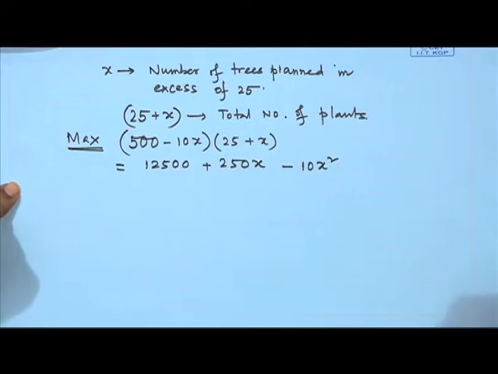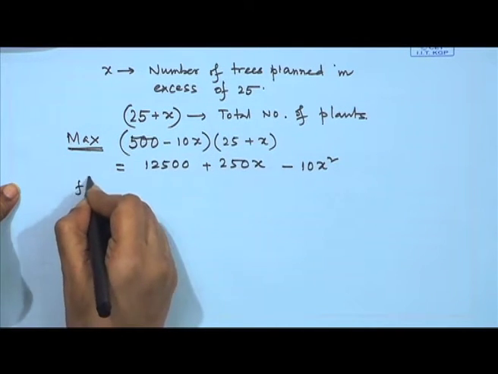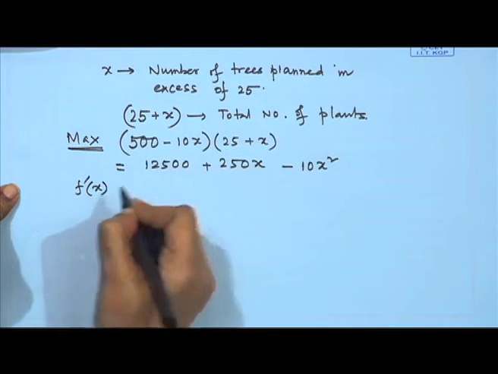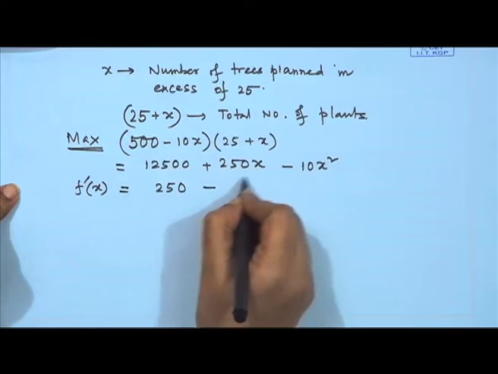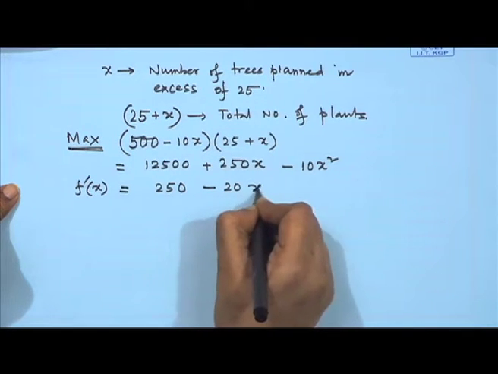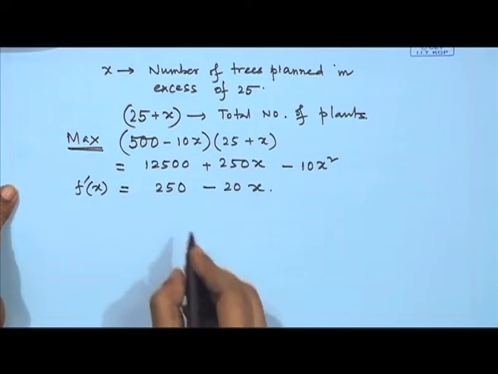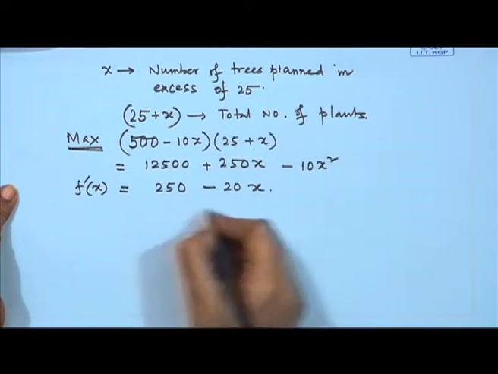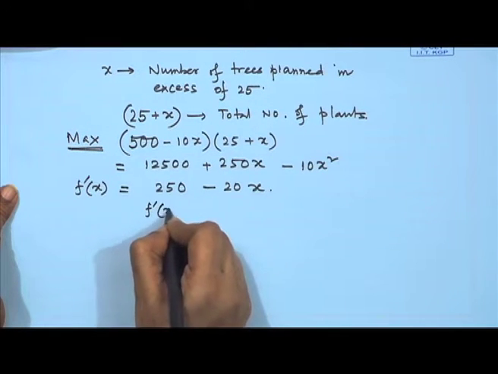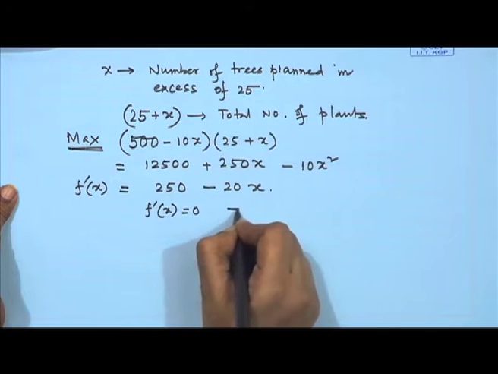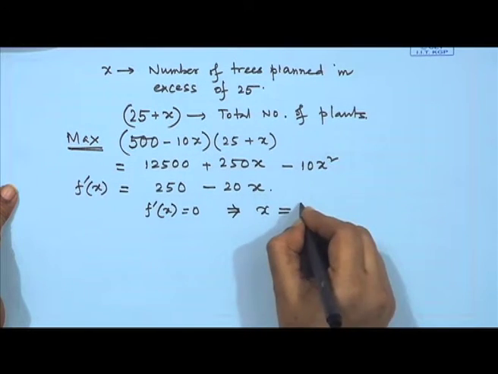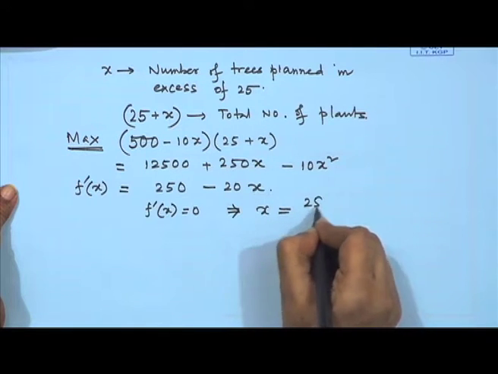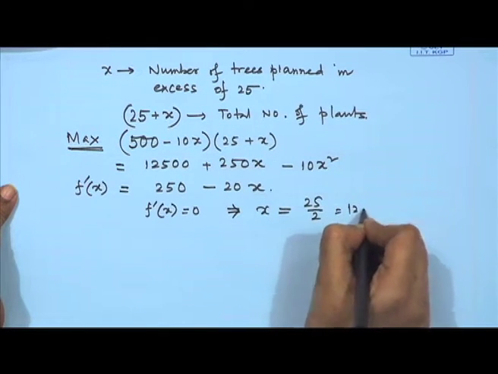Now, let us apply the classical optimization technique. What are we getting? F prime x is equal to 250 minus 20x. That is why the stationary point, if I equate f prime x to 0, gives me x equal to 25 by 2, that is 12.5.